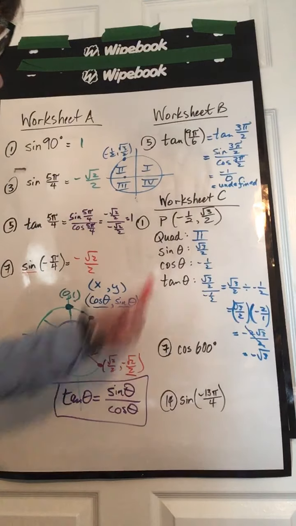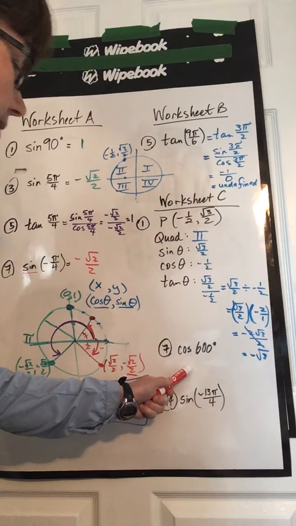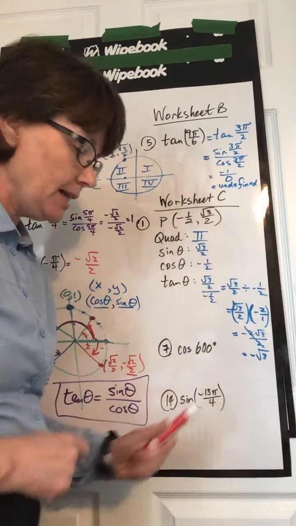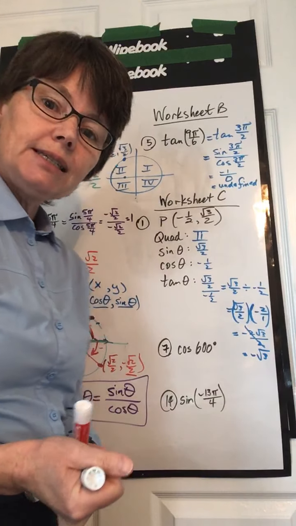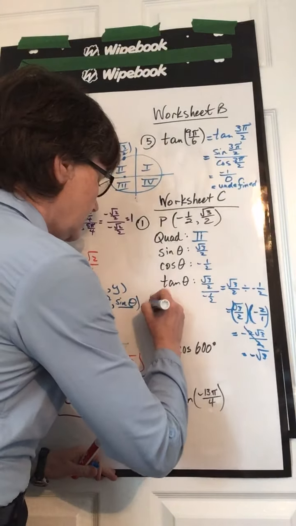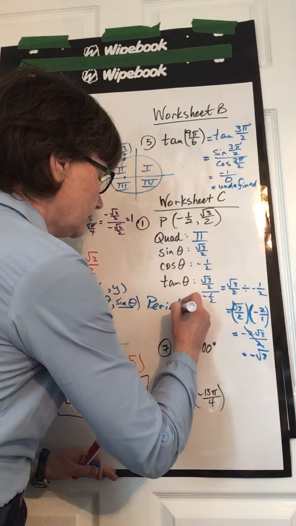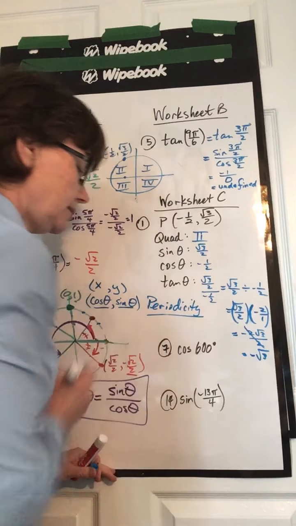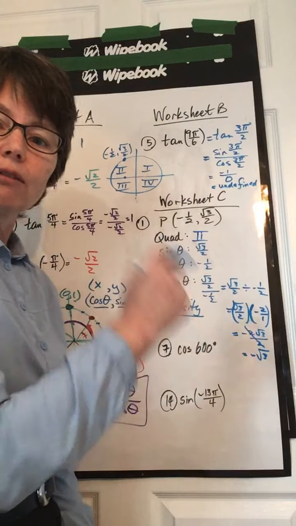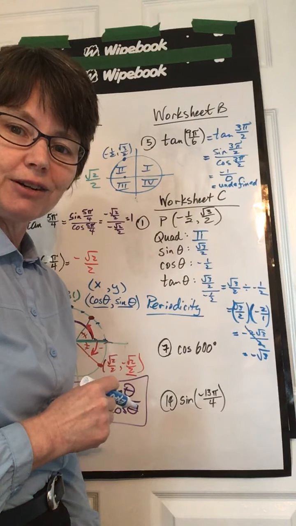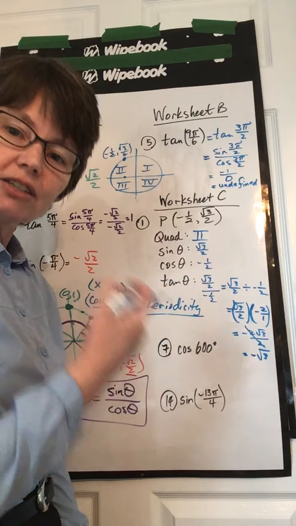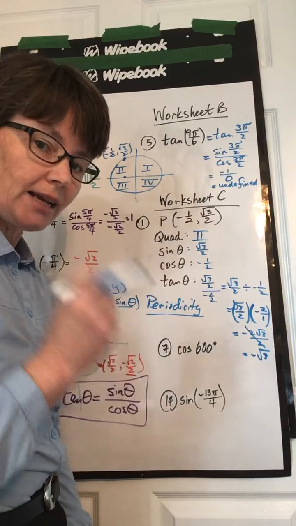All right, down here in another part of worksheet C, something to think about: periodicity. That means I can keep going around and around and around the unit circle, and those ordered pairs are still representative of how big that angle is.